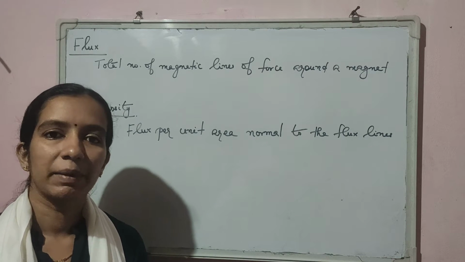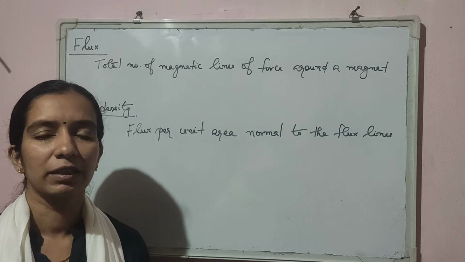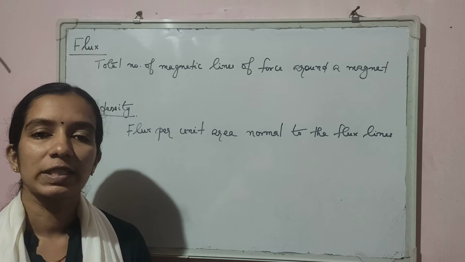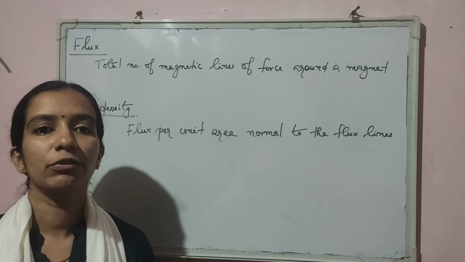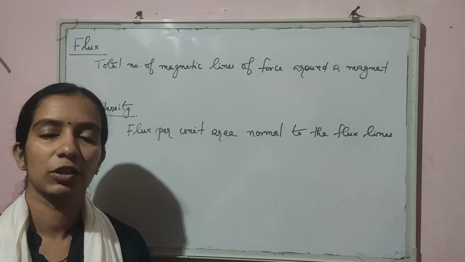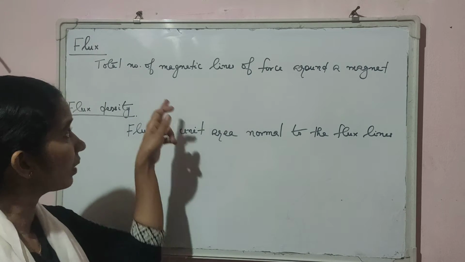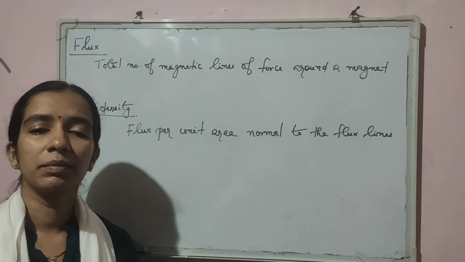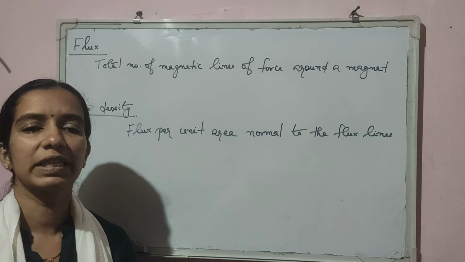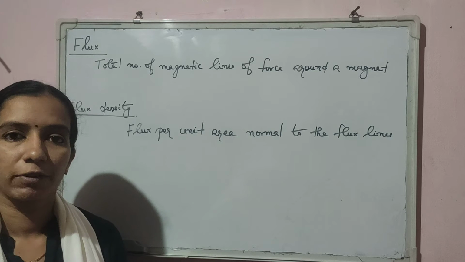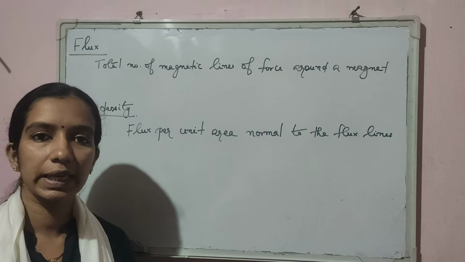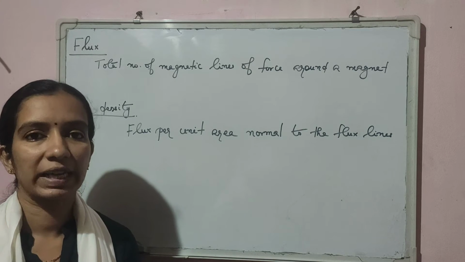And as the magnetic field is invisible, we will use the concept of magnetic lines of force to represent the magnetic field. And flux is a term used for quantifying the magnetic field. So flux is a term used to indicate the amount of magnetic field.